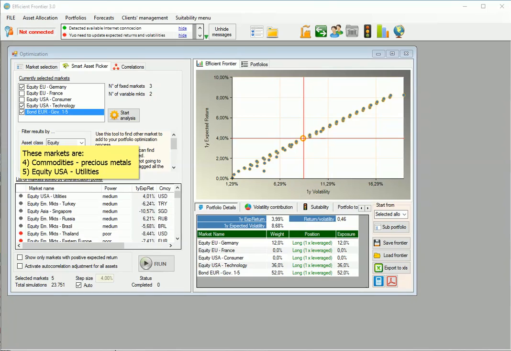These markets are gold and equity USA utilities. We now expect that an efficient frontier built upon all of these 5 markets will provide us a better diversification. It means that a 4% yielding portfolio should bear a volatility lower than that of our original portfolio. Let's build another frontier to check if it's true.